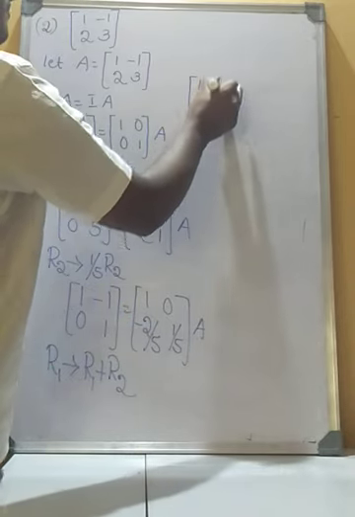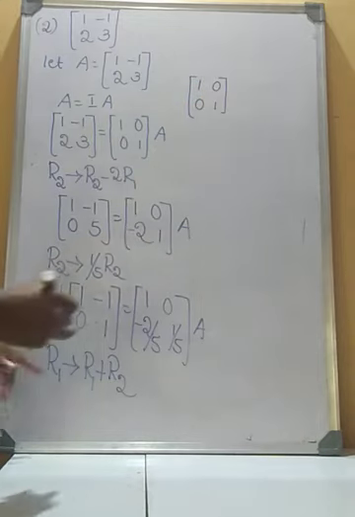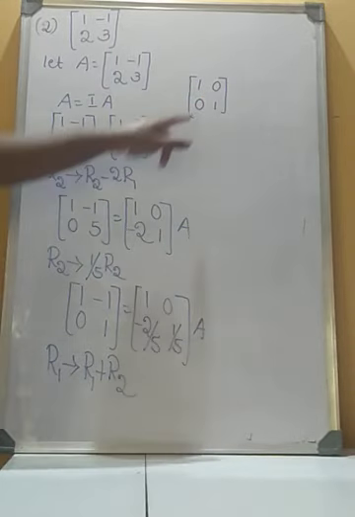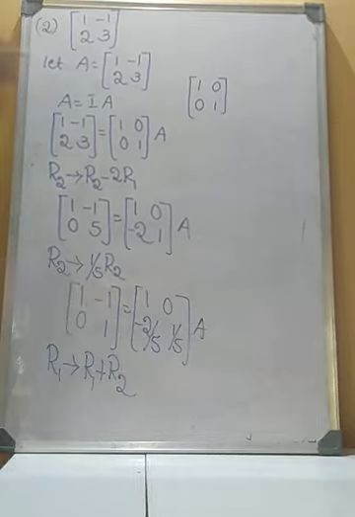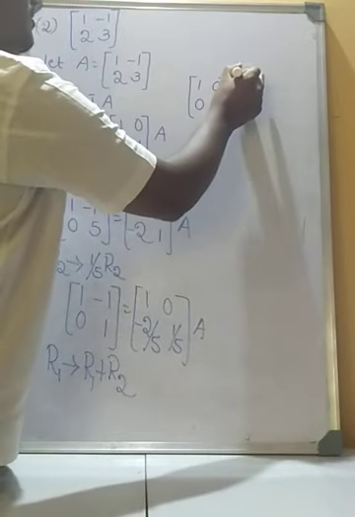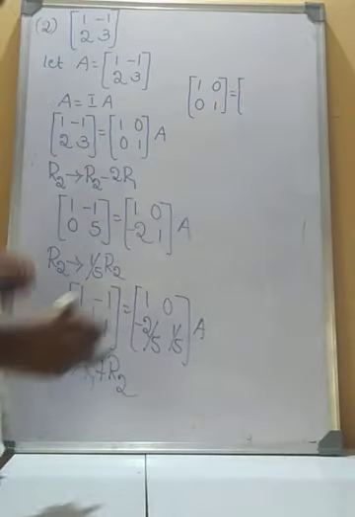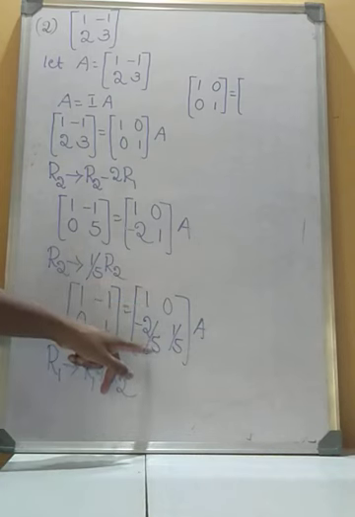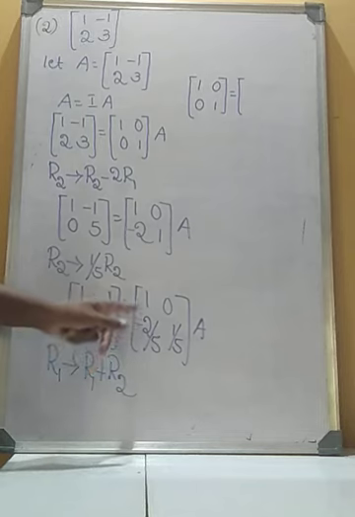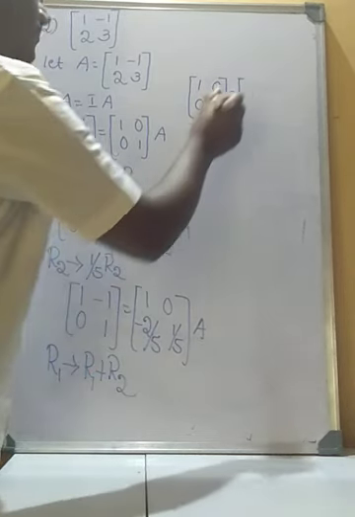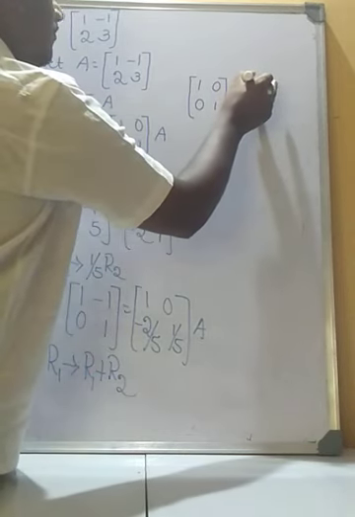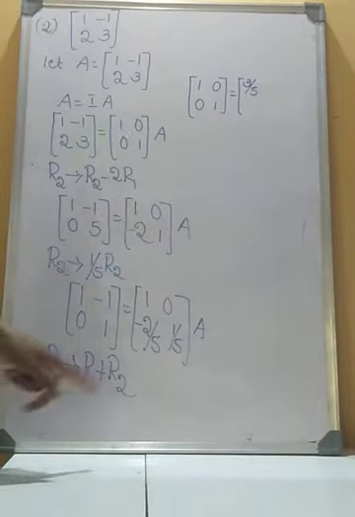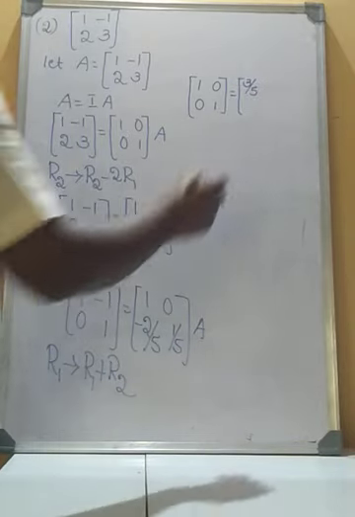Second row elements right as it is, only changing first row elements. Equal to right hand side, also only the first row changes: 1 plus minus 2 by 5, minus 1 minus 2 by 5 becomes 3 by 5; 0 plus 1 by 5.